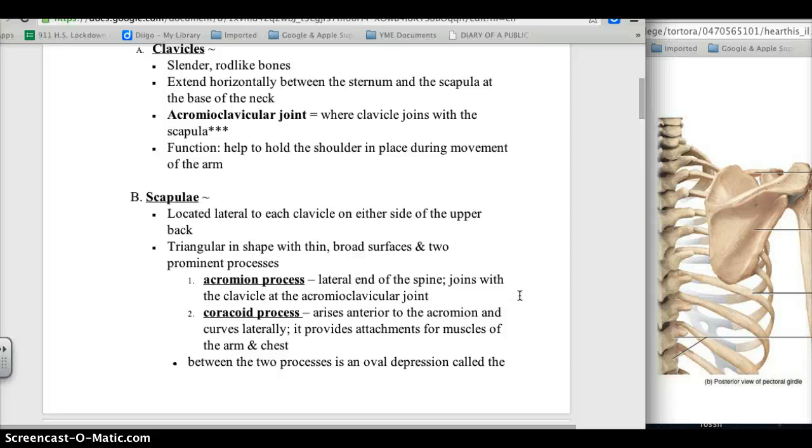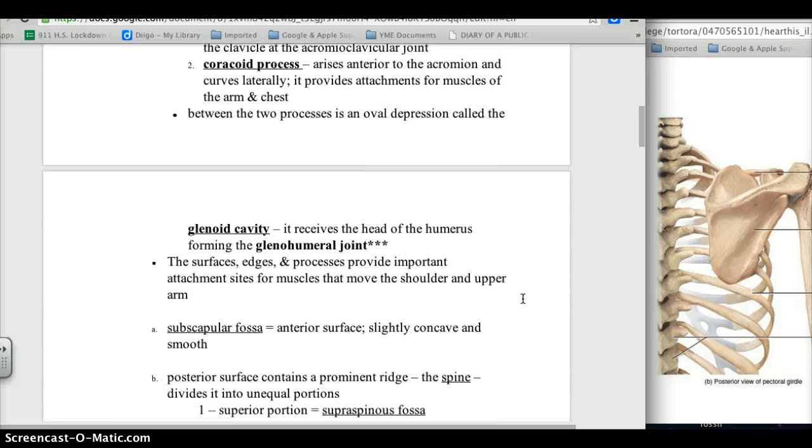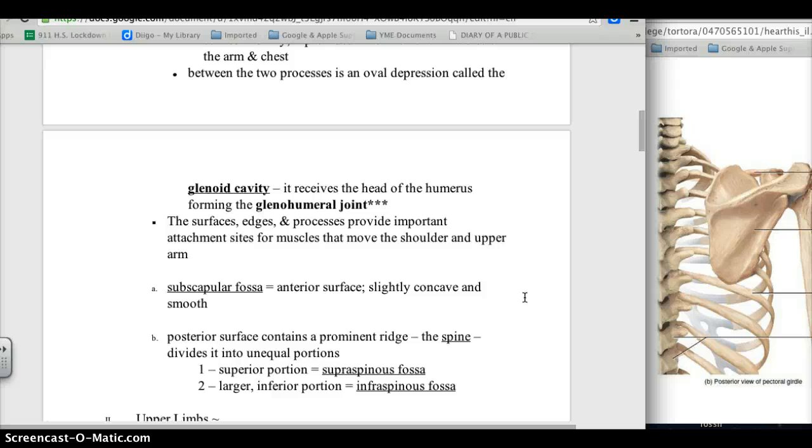If you have that open during your note-taking, it'll help make that connection between these crazy words that make up a whole different language and what you're looking at with the human skeleton. Now, in between these two processes is an oval depression called the glenoid cavity. This is where the head of the humerus is located.